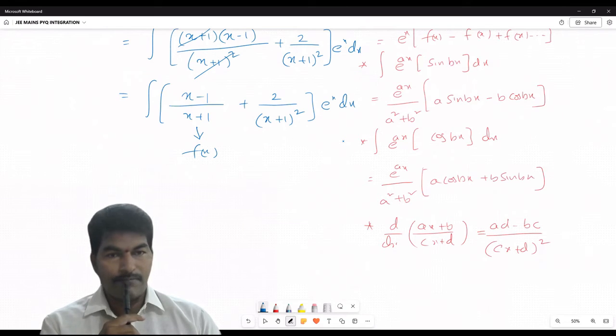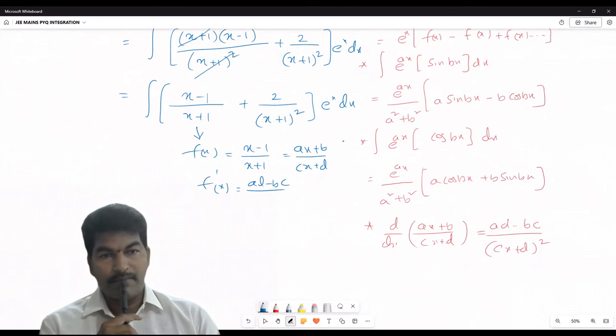There, if f of x is (x minus 1) by (x plus 1), comparing with (ax plus b) by (cx plus d), then what is f dash x? F dash x formula is (ad minus bc) by denominator (cx plus d) whole square. What is a? 1. d is 1.